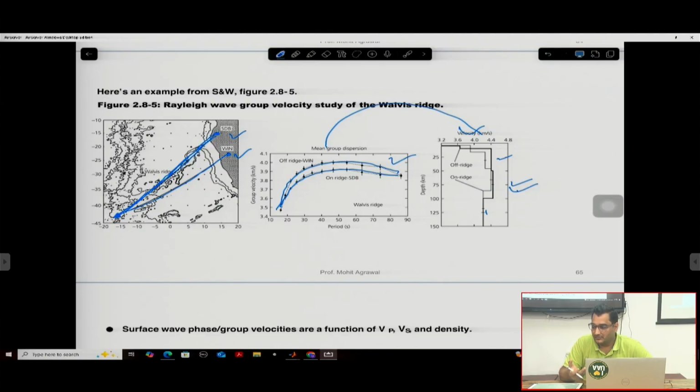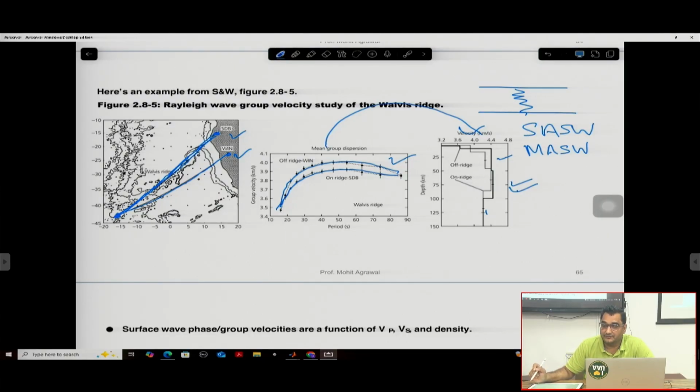As I told you a while ago, there is the surface, there is the bedrock, and in between you have soil. When you do the site characterization using non-invasive techniques such as SASW, spectral analysis of surface waves, or multi-channel analysis of surface waves, you will have to construct the dispersion curves.